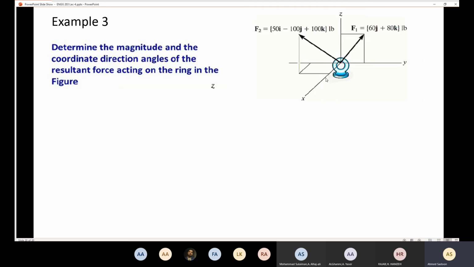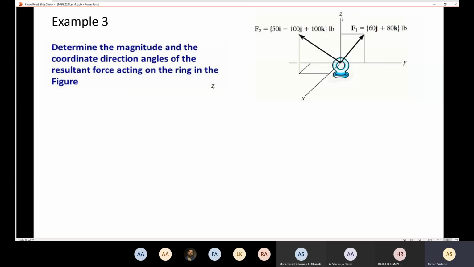If it's located down, this one is going to be negative. Regarding the j, if it was on the right side, it's going to be positive. If it was on the left side, it's going to be negative. And regarding the i, if the vector was located in that part, it is going to be positive. If it was located in the other part, it is going to be negative. So easily I can know the equation of the vector.